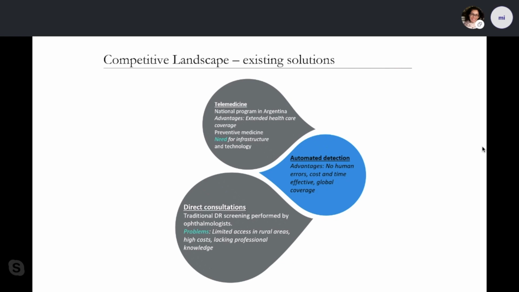We're aware of the advantages and disadvantages of automated detection, so this will be human controlled. And again, we will have the link to the local ophthalmologist if we need it, in order to get the direct consultation and the treatment done.